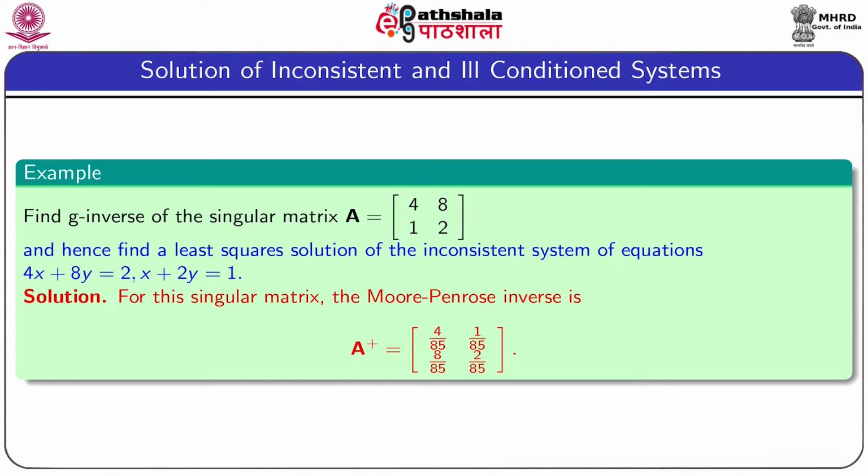For this singular matrix, the Moore Penrose inverse is obtained as A plus equal to a 2 by 2 matrix whose first row is 4 by 85, 1 by 85, second row is 8 by 85, 2 by 85.